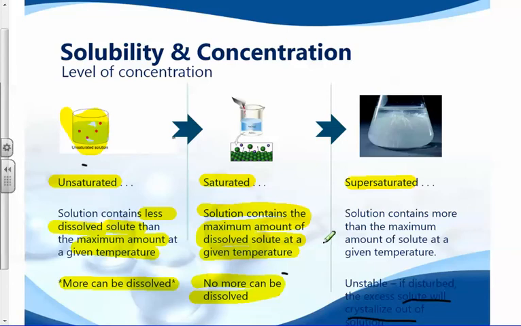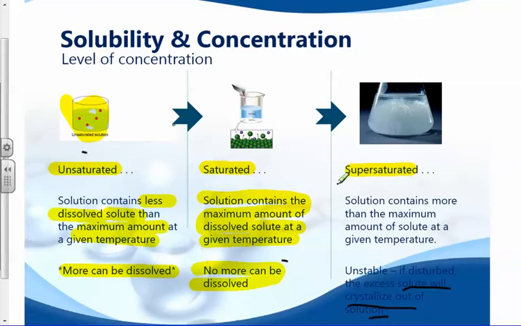And I bet if you've ever used sugar, you may have seen this. Sometimes our solutions can become supersaturated. So if we take that same hot tea and we continue to add more and more sugar to it, the sugar would gradually fall out of the solution and fall right to the bottom of the cup.